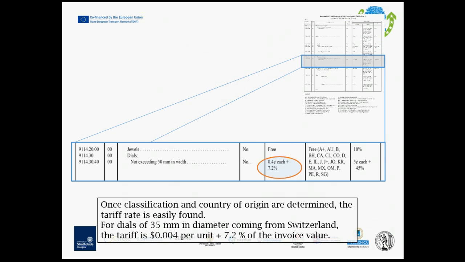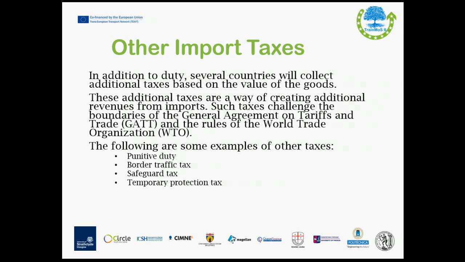Then again, we have other import taxes that have to be declared, and all the documentation has to be prepared by the transport chain actors. For example, we have punitive duties. We also have border traffic taxes, safeguard taxes, security taxes, temporary protection taxes, and many different forms of taxation and duties that a country imposes on imports.